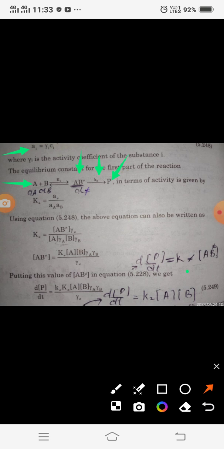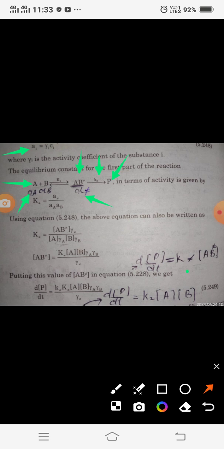If we want to know the activity of the substance A, we show it as small a and capital A, which refers to the reactant name. In the same form, the activity of the reactant B is small a and B. The complex form activity is in the form of a and this sign.